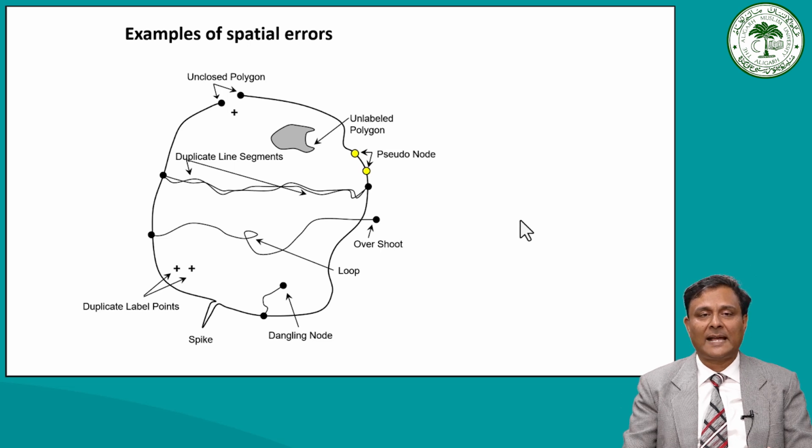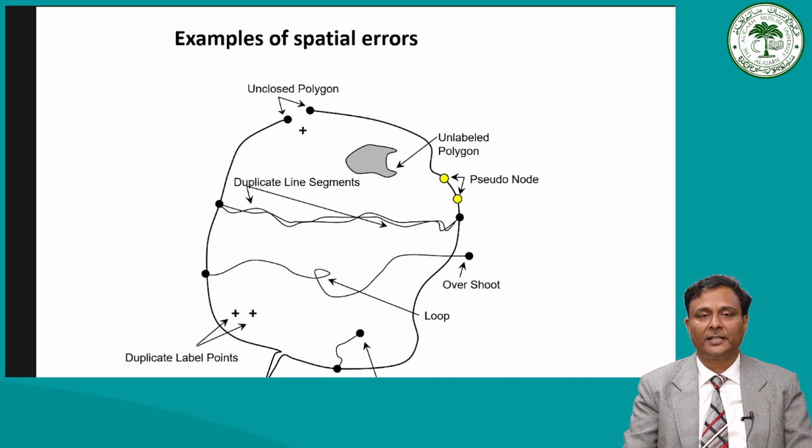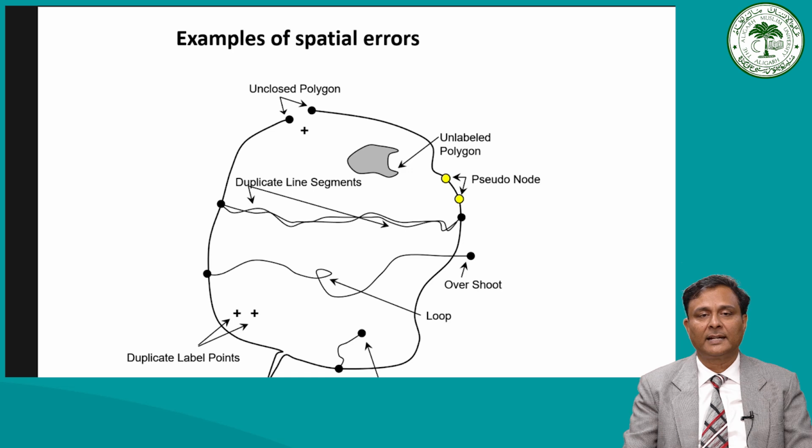These are some examples of spatial errors. Although we would be dealing in detail later on, for example, if you are digitizing and you do not complete the polygon, then the polygon would remain open-ended. This will be one kind of error. If you are not careful, a duplicate polygon or unlabeled polygon may come up.